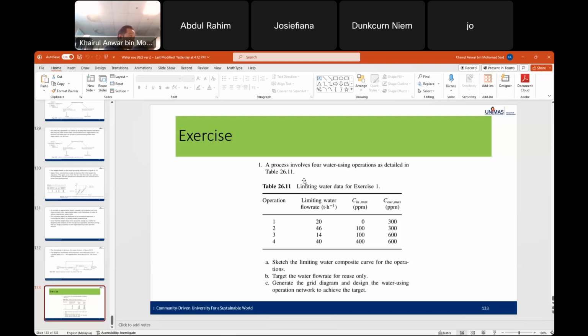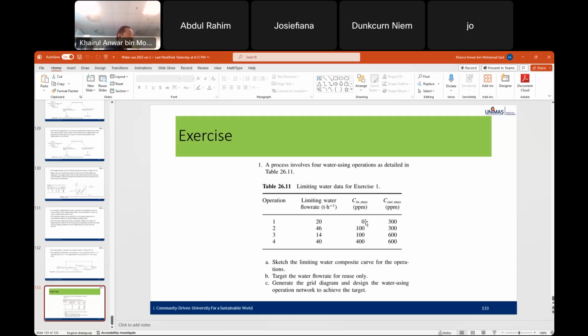In this case, the limiting water flow rate is not the mass load. Mass load is in kilogram per hour. So for this question, you need to calculate the mass load. The equation is mass load, delta m, equals limiting water flow rate times delta c, the concentration in ppm. So to find the mass load, you need to multiply the limiting water flow rate with delta c.